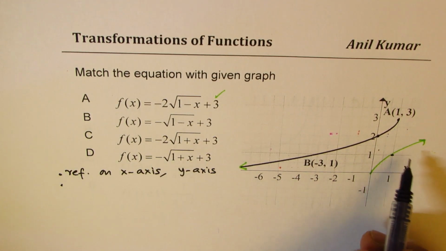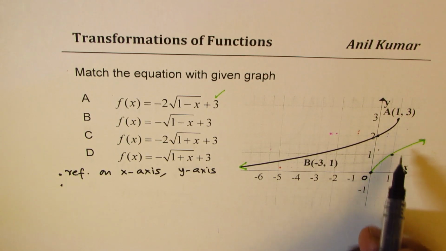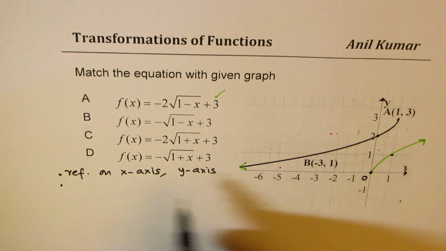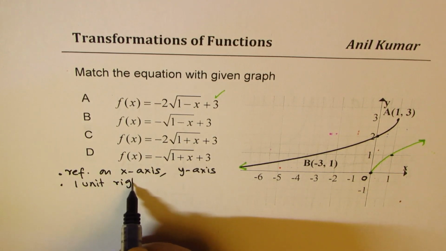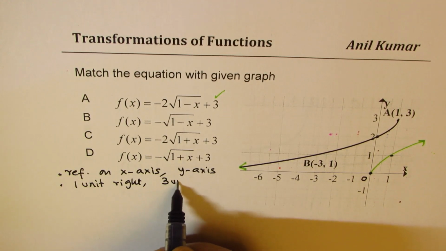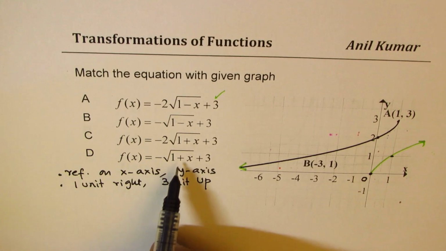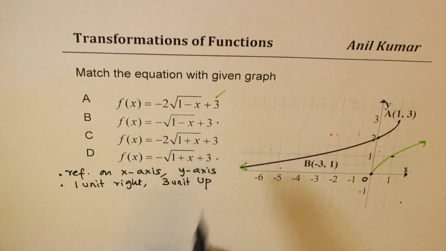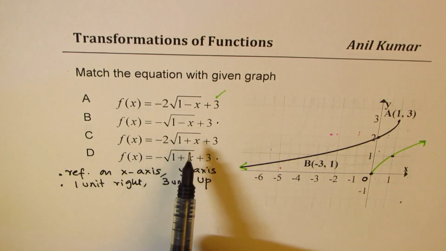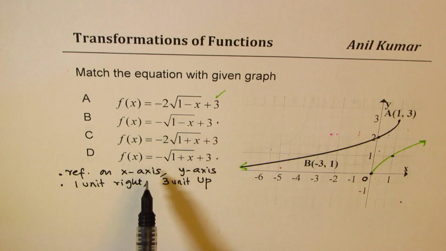So we have translated from 0 a point which is horizontally translated 1, so 1 unit right, and 3 units up. So which one will show you 1 unit right? We are looking for one of these two. Now these two reflections perfectly match. Which one is the right answer?